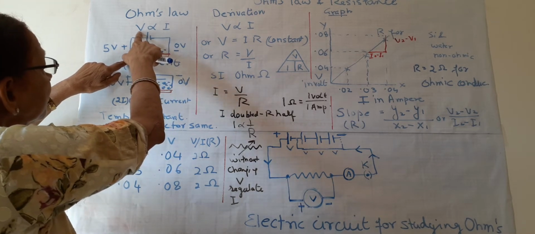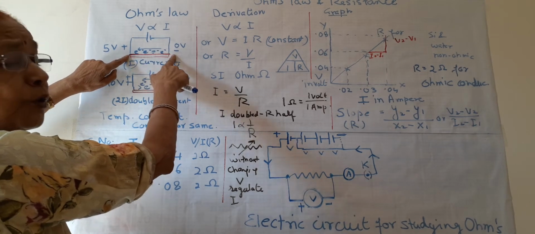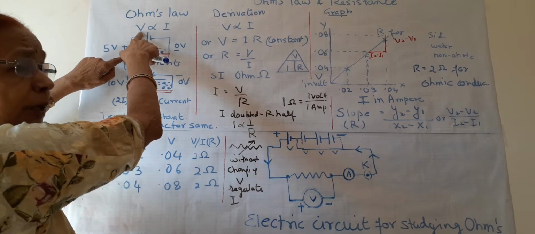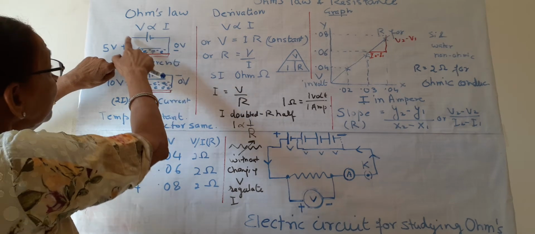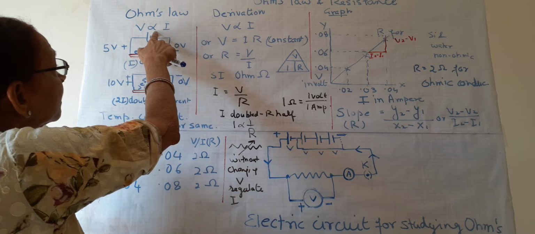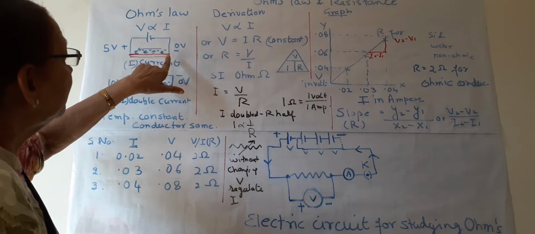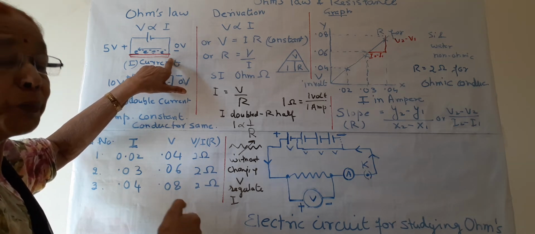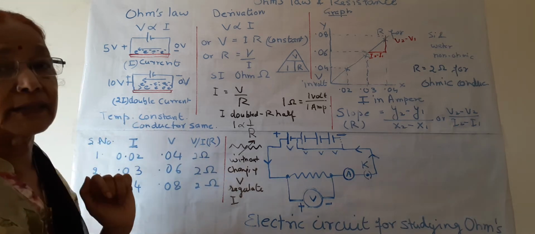The potential difference across means across its two ends. This is positive end, this is negative end. So the potential difference across a conductor in an electric circuit is directly proportional to current which is flowing in it, provided that temperature remains constant.